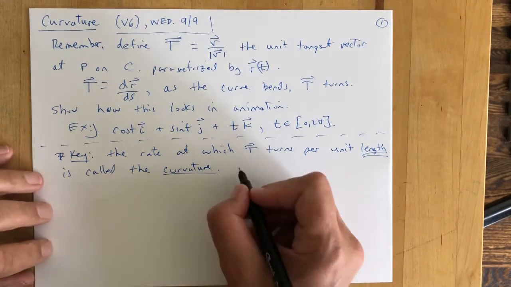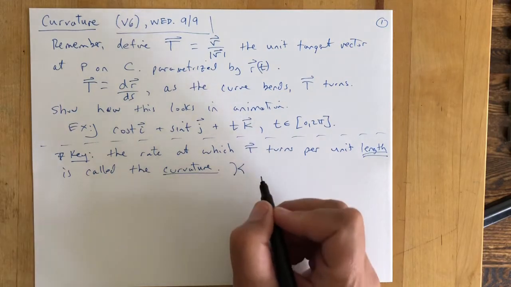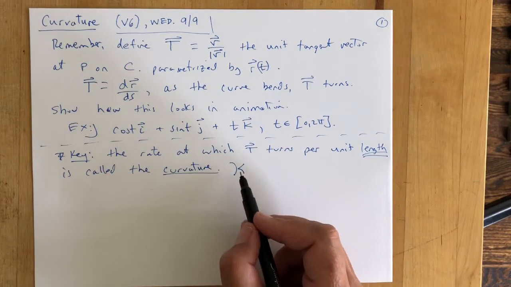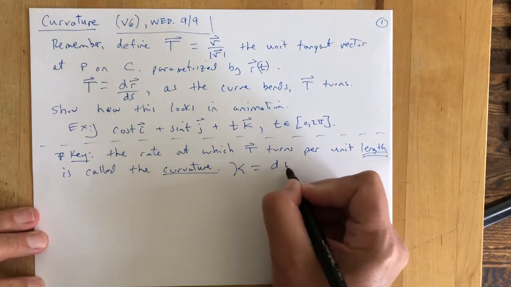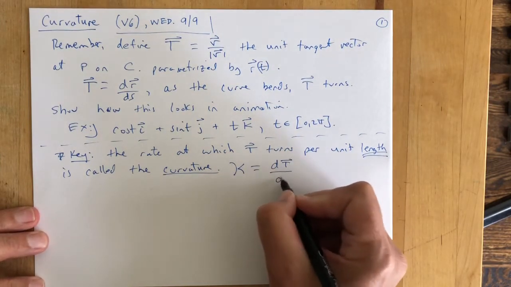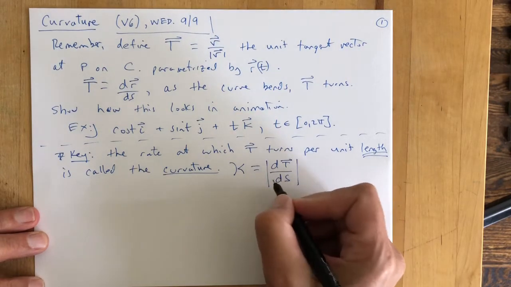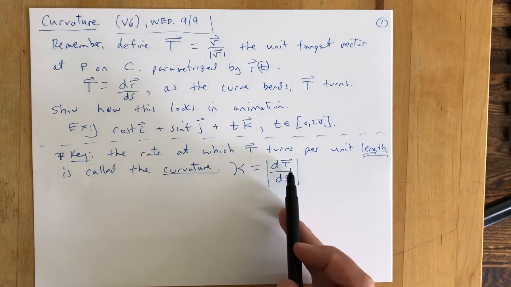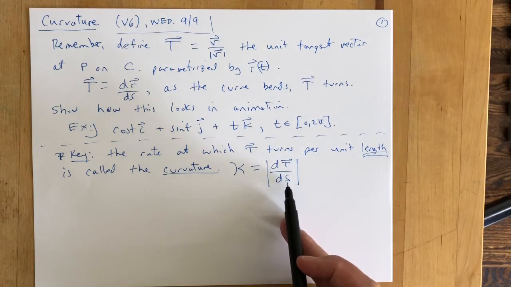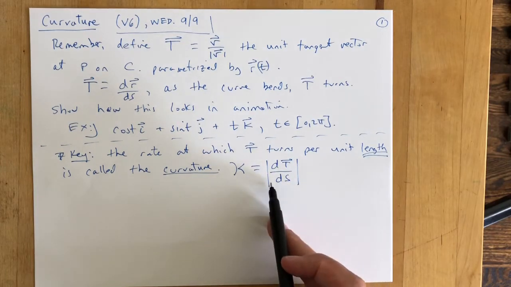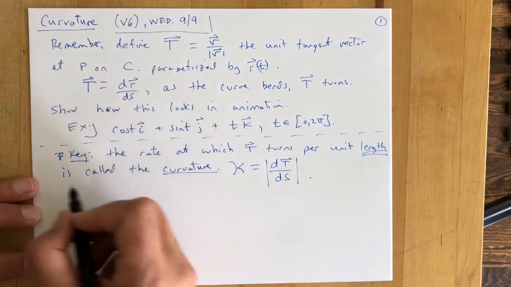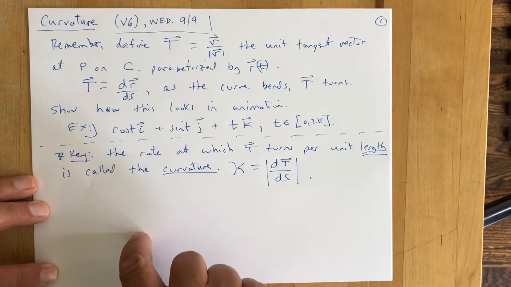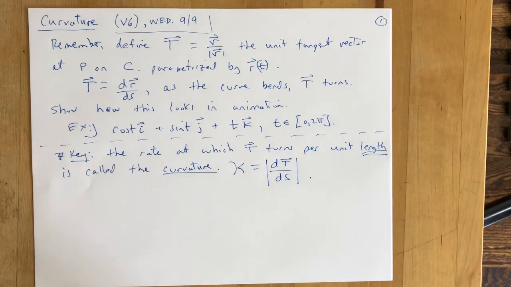So we use a Greek kappa. It's supposed to be lowercase kappa, but on paper, they all look the same. What you do is take the derivative of T with respect to s. So this says T is turning with respect to s at a rate, and we're measuring that rate by the absolute value. Right? And so if kappa is big, then the curvature is big and it's turning really fast. And if kappa is little, then it's a nice slow turn.